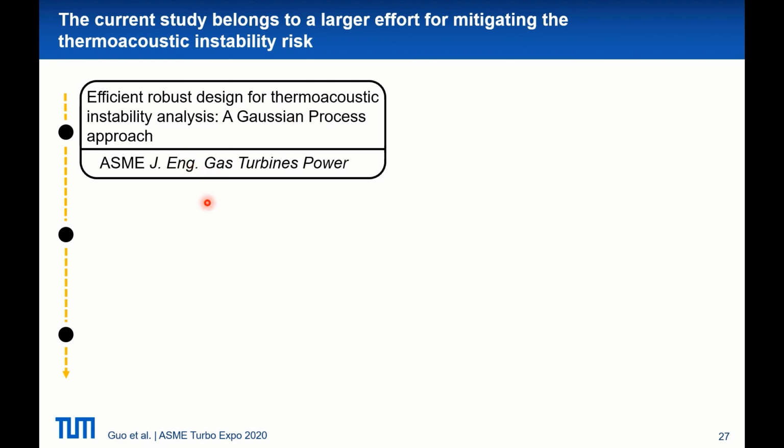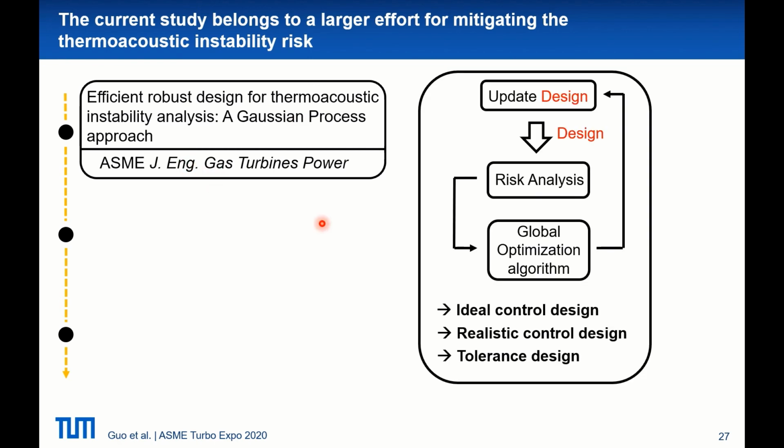In that study, we investigated how to mitigate risk under different scenarios. We formulated the risk mitigation problem as optimization problems, where at each optimization iteration, we use a GP model to perform an uncertainty quantification analysis to determine the corresponding risk value.